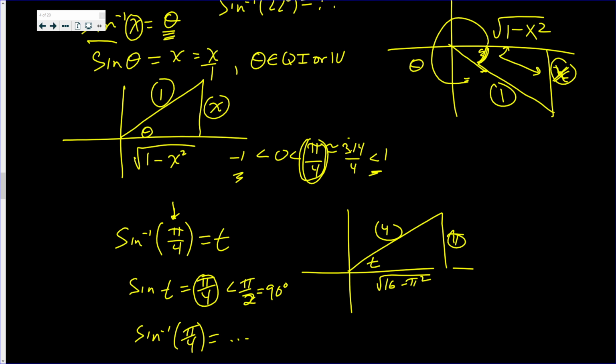What I'm getting at is, in this problem right here, pi is not pi radians. It is the number which is approximately 3.14. That's all I know about pi in this problem. It is not 180 degrees.